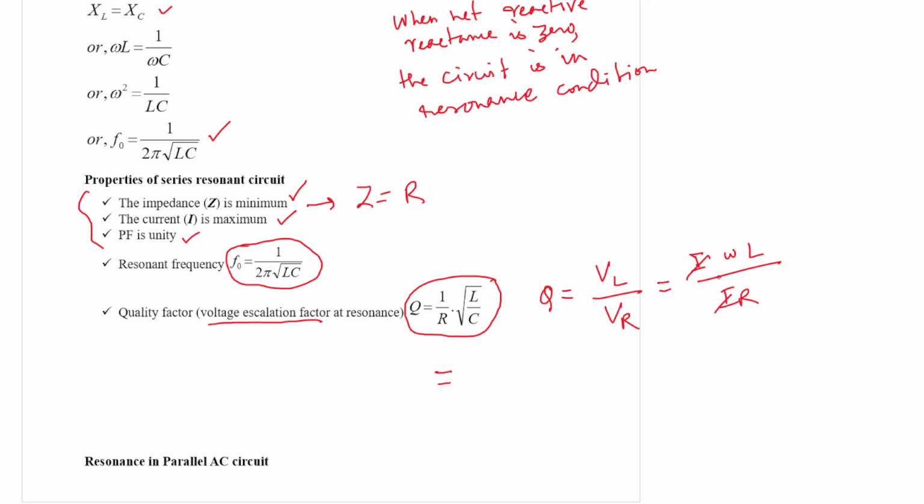So from there, if you substitute omega naught is equal to root under 1 by LC, root under 1 by LC into L divided by R. So 1 by R, this will become root under L by C. So from here the quality factor comes 1 by R root under L by C. So these are the few properties of series resonance circuit.